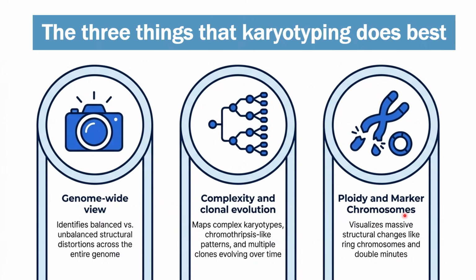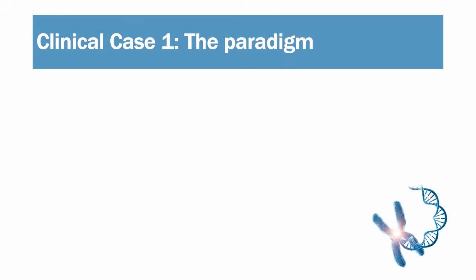You can visualize massive structural changes like ring chromosomes and double minutes. And obviously, you can look at and see if there is triploidy, tetraploidy, or polyploidy in the karyotype.